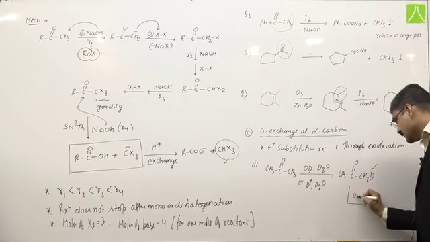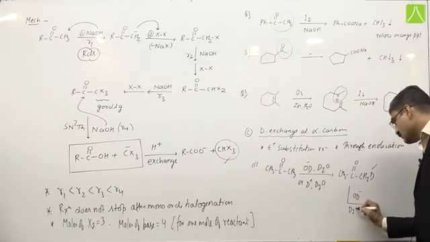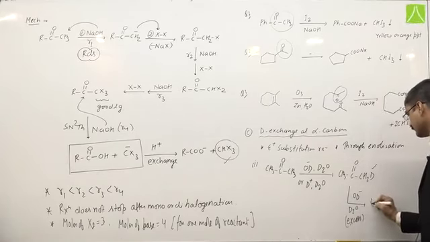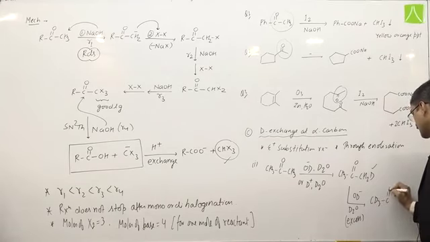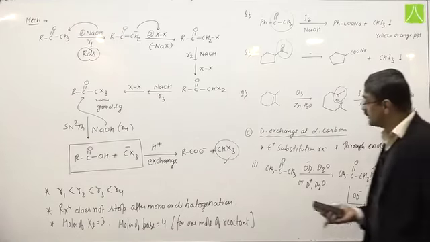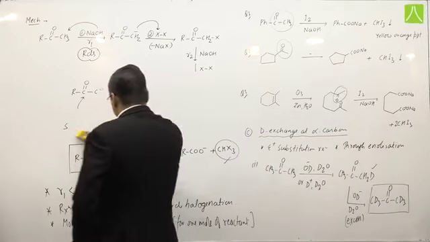Now if I proceed the reaction with OD minus and D2O in excess amount for a long time, then all the alpha hydrogen atoms are replaced by deuterium. So finally 6 deuterium exchange is obtained in this reaction.